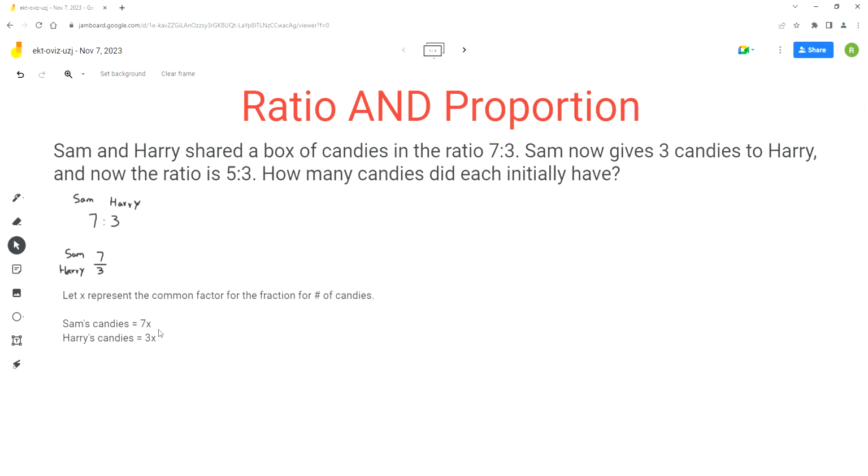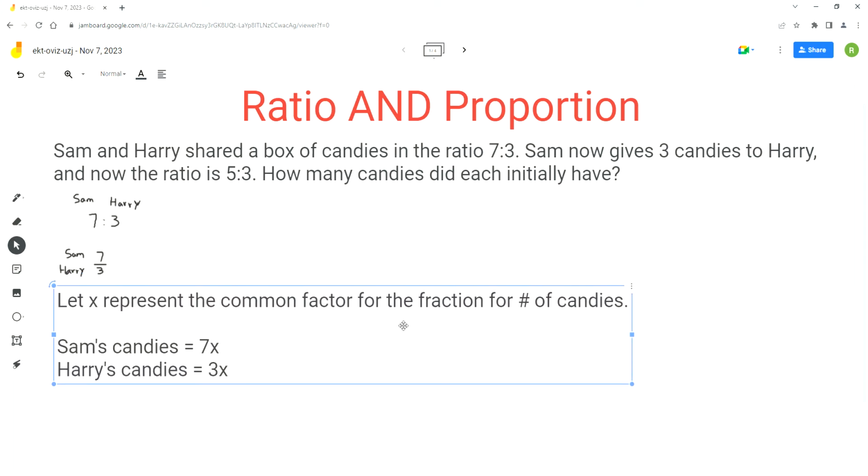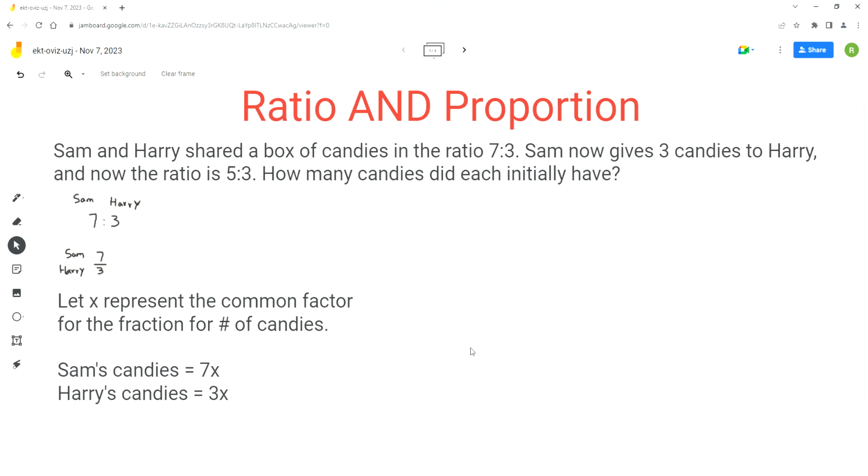Now we'll use these numbers to write an equation based on the other information given in the problem. I'll just make it a bit bigger. Now Sam gives 3 candies to Harry and now the ratio is 5 to 3.